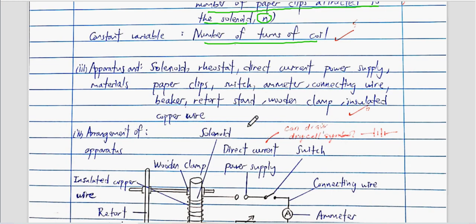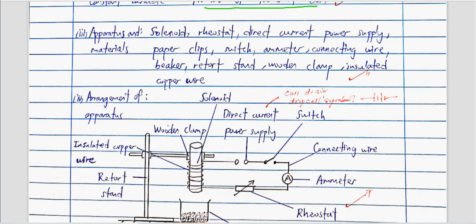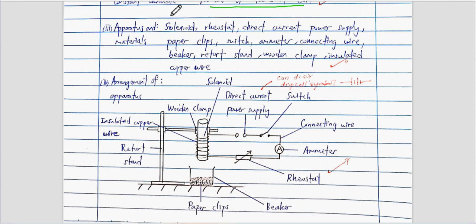So the apparatus and material and the diagram should tally. Whatever apparatus and material you label in your diagram must be written in the apparatus and material list up here. And at least your apparatus can be used to get the reading, to get the responding variable.